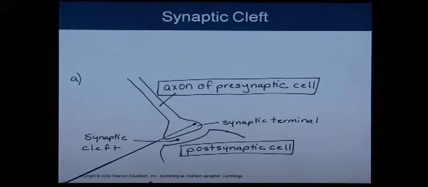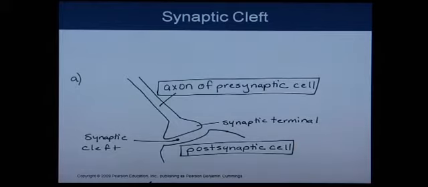Here is our synapse, also known at the tip as the synaptic terminal, or where the synapse terminates. Here is our postsynaptic cell. Again, this could be a neuron or another type of cell in the body, like a muscle cell. In between the two, we have a little area, and this is called the synaptic cleft.